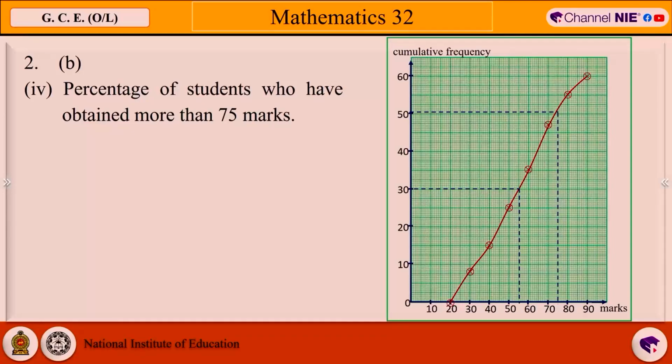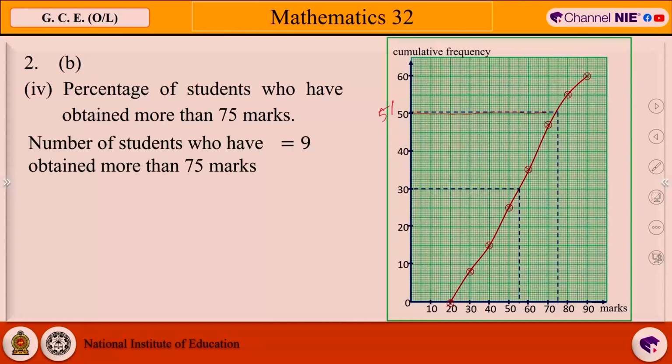Here, this curve, this vertical straight line joined to the curve, and you have to find the corresponding value in the cumulative frequency column, which is 51 here. So, 51 to 60, it is 9. So, the number of students who have obtained more than 75 marks is 9.